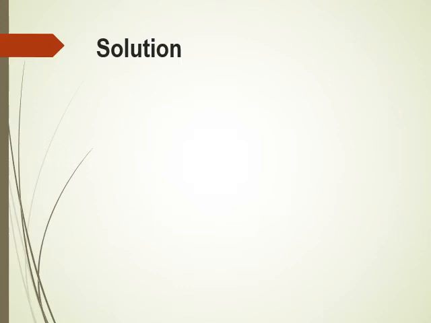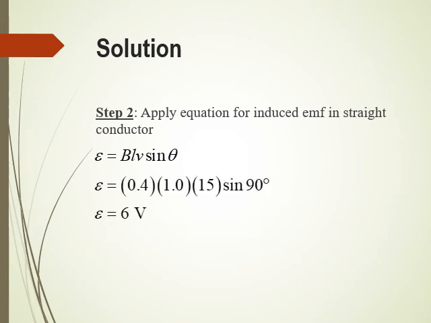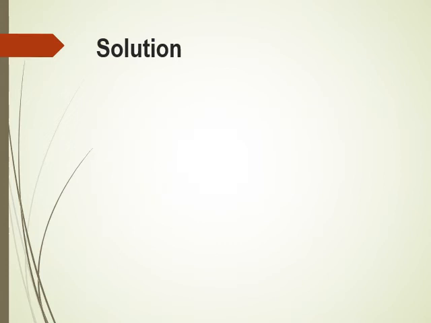Now that we have the angle, let us proceed to the calculations. Step 2, apply the equation for induced EMF in a straight conductor. EMF equals BLV sine theta. Substitute the values into the equation and you will obtain an induced EMF of 6 volt. Step 3, now let's apply the equation V equals IR.